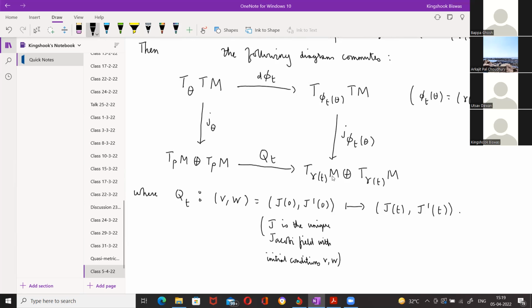Okay. So it's just the map (J(0), J prime(0)) maps to (J(t), J prime(t)).